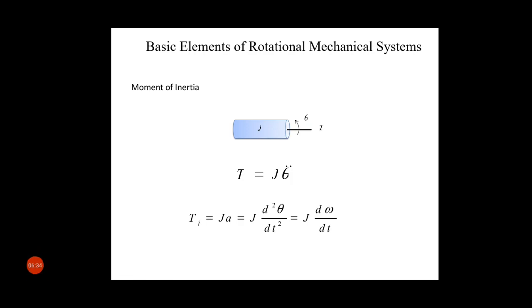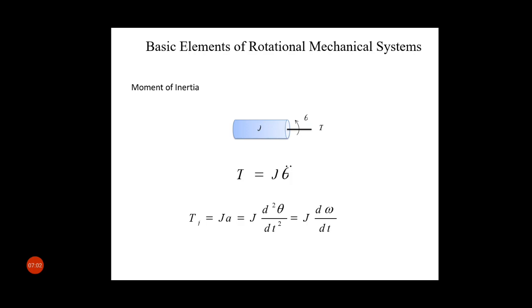So when a torque T is applied to the body as shown in the figure, it produces an angular acceleration α. So the reaction torque T_J is equal to the product of J, the moment of inertia, and the angular acceleration.